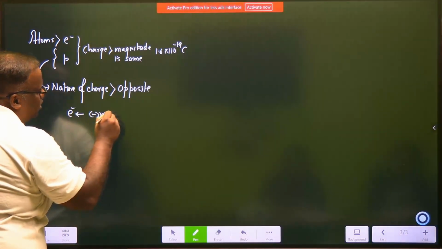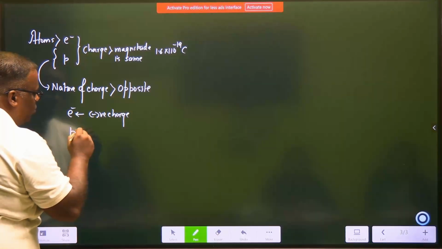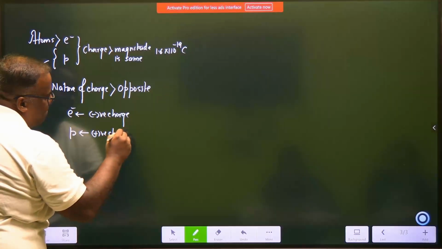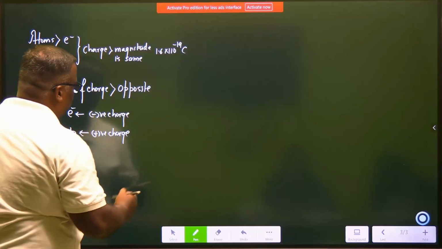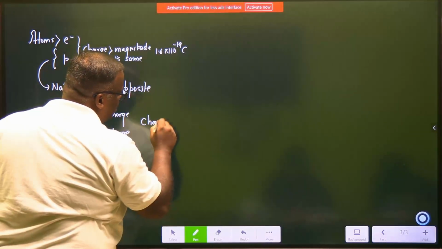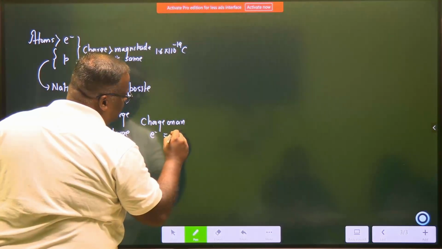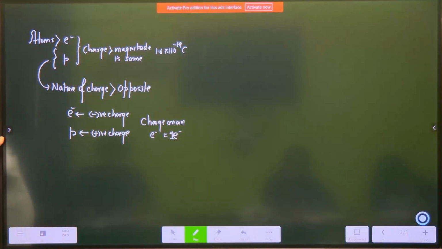So the nature of charge is opposite, and we say that the electron is assigned a negative charge, and the proton is assigned a positive charge. Did you understand this? If I call both these charges, what is the charge of an electron? I say minus e. Minus e charge is there on an electron.